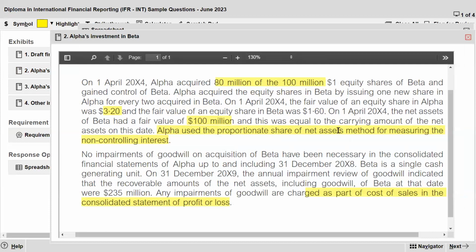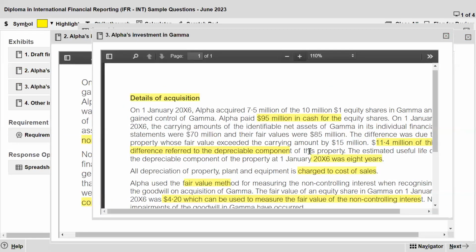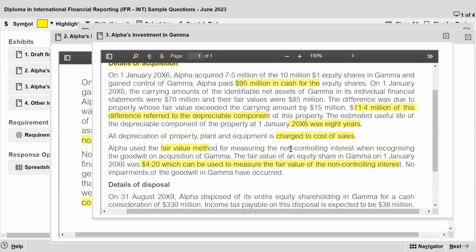Here it says that Alpha is measuring the NCI at fair value, right? That's where the difference is. Do you get my point? Yes, that's okay.